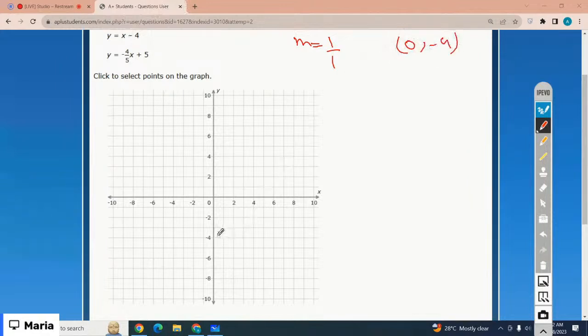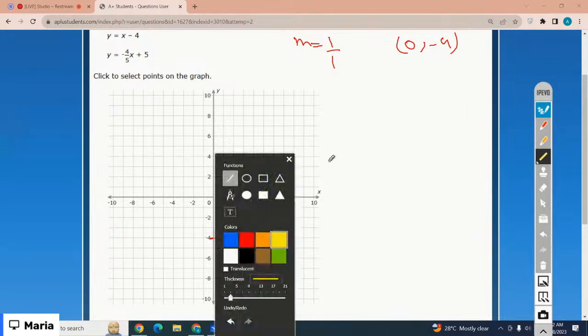That means x is 0, y is minus 4, and the slope is 1, so move up 1 and right 1. Here is the line.